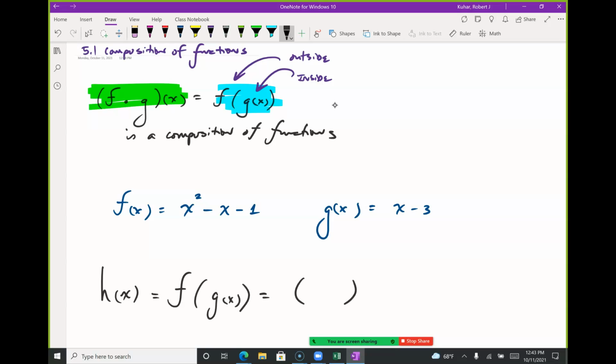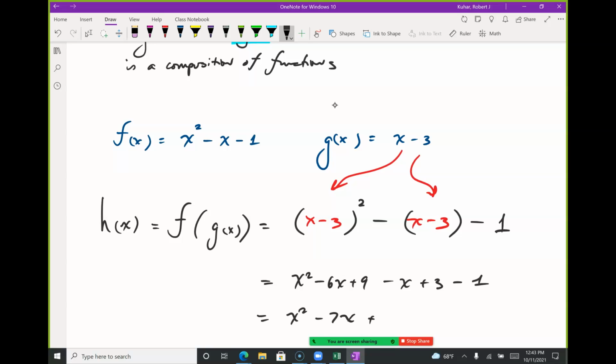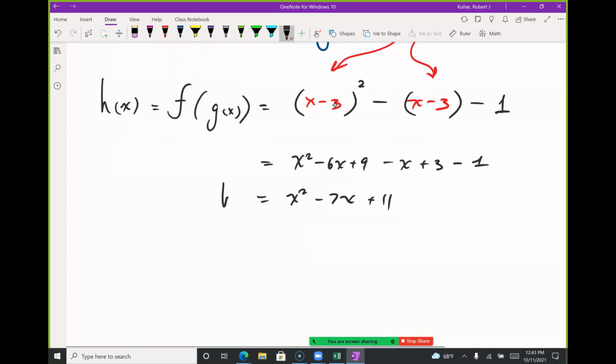How I do that is I write my outside function with empty parens and my inside function right in another color inside. Everybody with me? Outside function with empty parens, evaluate at the inside function. So here I get x squared minus 6x plus 9 minus x plus 3 minus 1. And I get x squared minus 7x plus 11. And there's my composition.